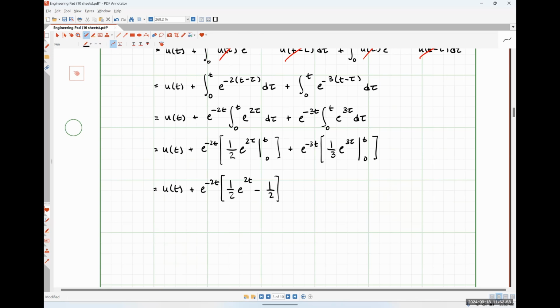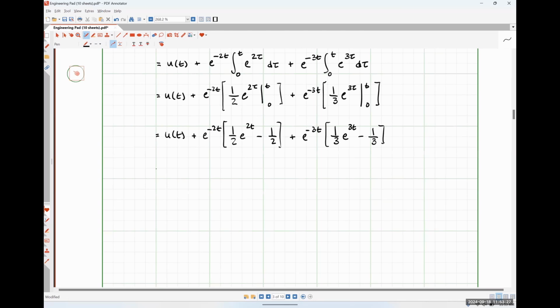Because e to the 0 is 1, so I have 1/2 times 1, so that's where that minus 1/2 term comes from. Be okay with that. Similar thing for my other one, so I'll have e to the minus 3t multiplied by 1/3 e to the positive 3t minus 1/3. And now I'm just going to effectively distribute things through.